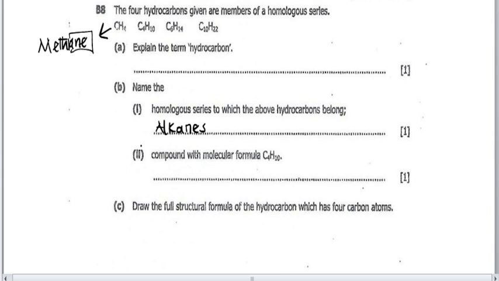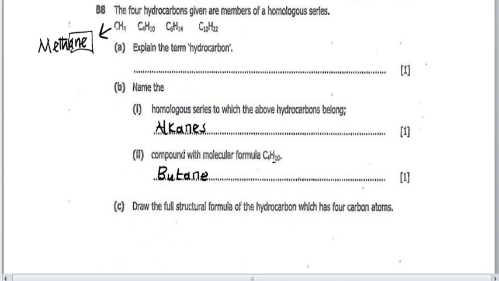Then the compound with molecular formula C4: an alkane with 4 carbons is called butane. All right.